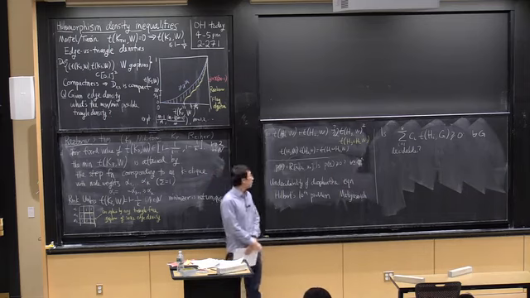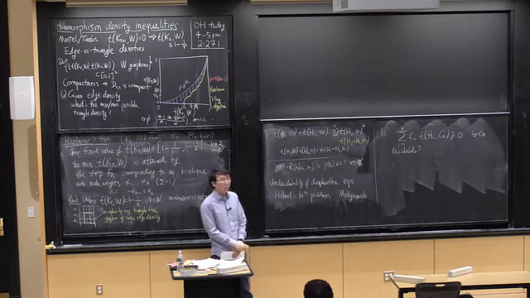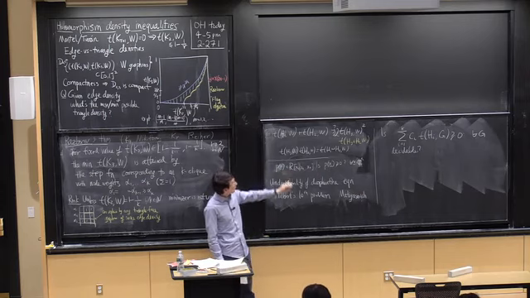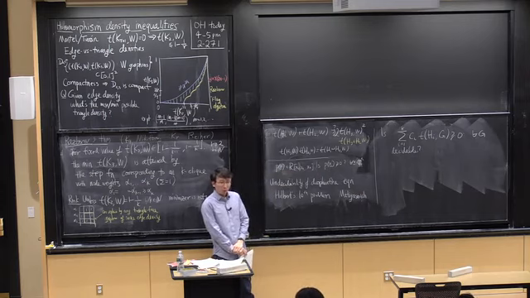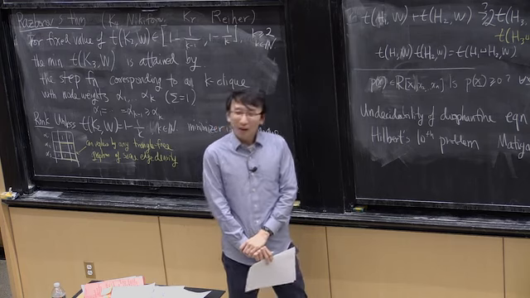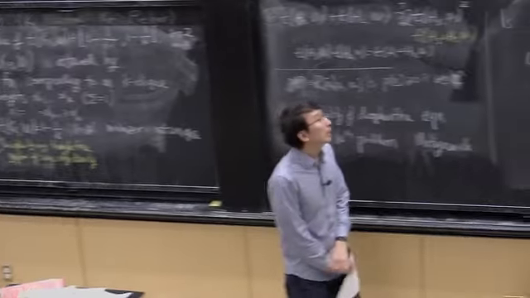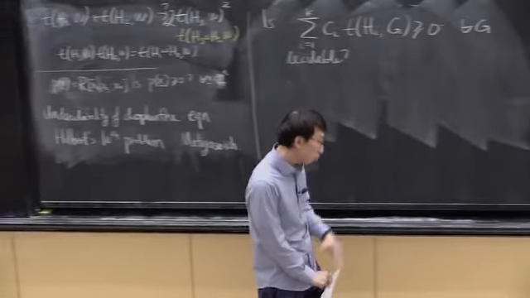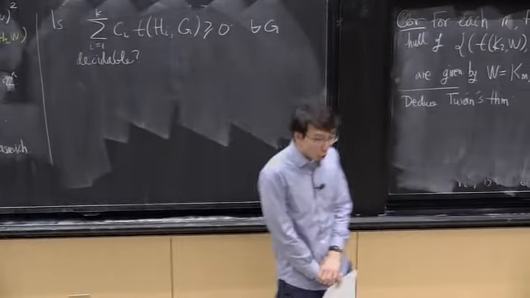The question you should ask yourself is, which one is it closer to? Is it closer to deciding the positiveness of polynomials over reals or over integers? On one hand, you might think that it is more similar to the question of polynomials over the reals.